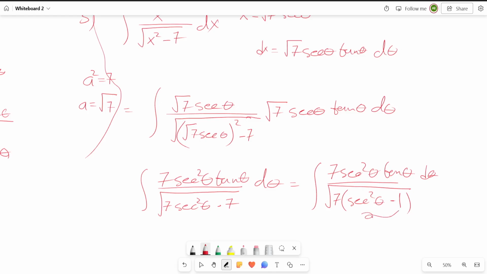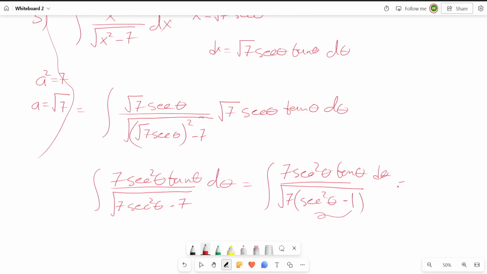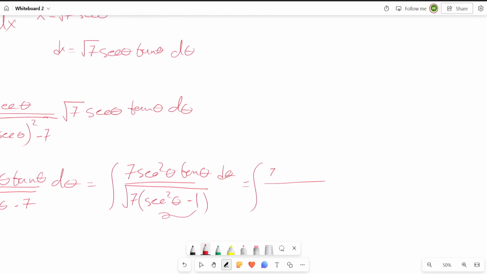I know that this is tangent squared theta. So this is equal to 7 secant squared theta tan theta over square root of 7. I'm going to put it alone like this, and this is times square root of secant squared theta minus 1, which is tan squared theta, all d theta. Now I did my substitutions.